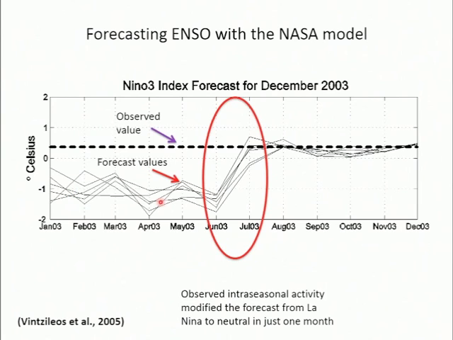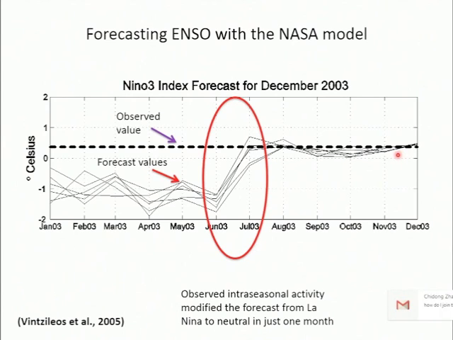You can see that the ensemble forecast with this model was consistently showing a La Nina event to be realized, up to initializations in June 2003, until suddenly initializations from July 2003 jumped up by more than 1 degree Celsius in the NINO3 index and converged to what was finally observed in 2003.